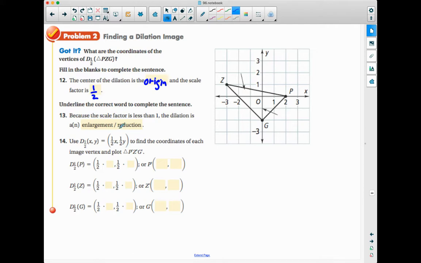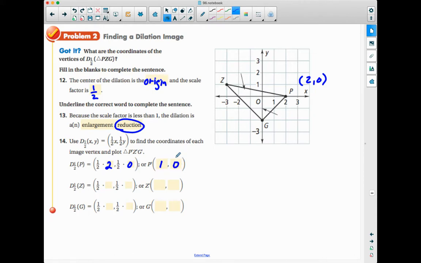Because it's less than 1, I know it's going to be a reduction. So all I'm going to do is take half of my pre-image coordinates. So P, what's the coordinate for P? The coordinate of P right here is (2, 0). So I'm going to do half of 2 and half of 0. Half of 2 is 1, half of 0 is just 0.